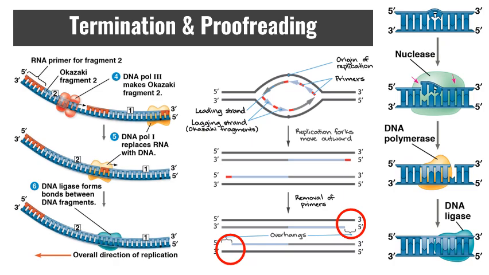Those overhangs are problematic, and that means that every time DNA replicates, it's going to get shorter, because when that segment falls off, the complementary segment will also break off. And that is one of the things that leads to genetic components of aging and the eventual failure of cell division.